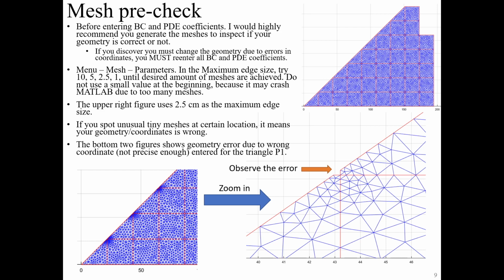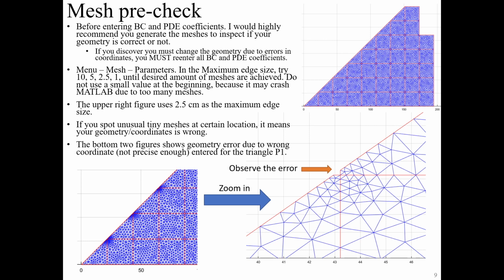Before entering the boundary condition and the PDE coefficient, I would highly recommend you generate your meshes first in order to identify if your geometry is correct or not, because at this moment the geometry is complicated and students tend to make mistakes.